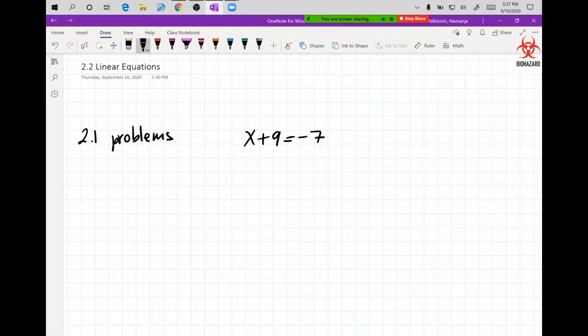Awesome. How do we achieve x by itself? Awesome. Subtract 9 from each side. That will kill off the 9 on the left. And what happens with the solution? Number is negative 16. Good.